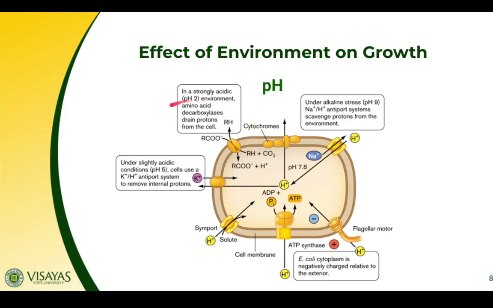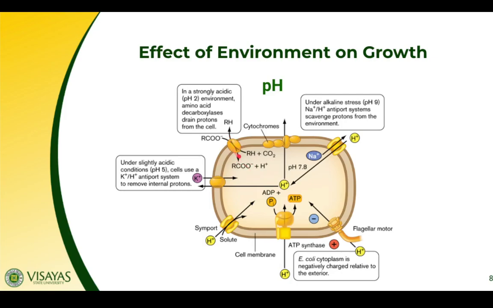This is the illustration that shows how a microorganism could avoid sudden influx of protons. Again, in a strongly acidic environment, say pH 2, the enzyme called amino acid decarboxylase will drain the protons from the cell.